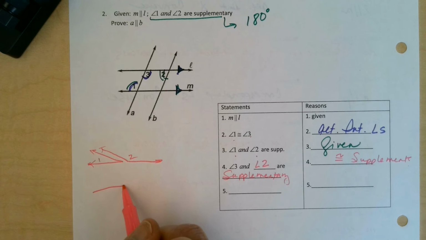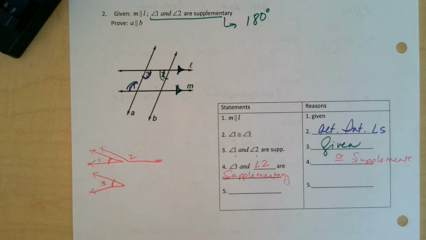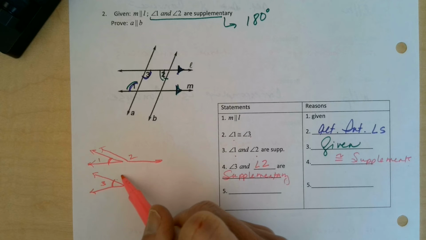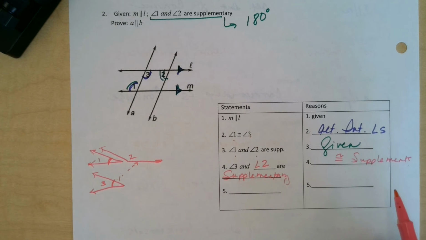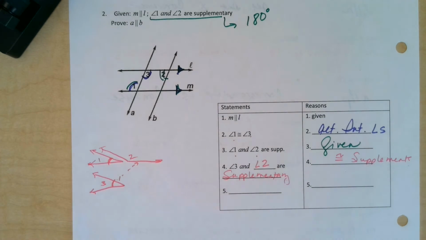If I have another angle over here named angle 3, and he happens to be the same measure of angle 1, if these two are equal and these two are supplementary, that means that these two are going to be supplementary also by the congruent supplements. Now we proved the congruent supplements by using the definition of congruence to change everything to angle measures, by adding them up to 180.